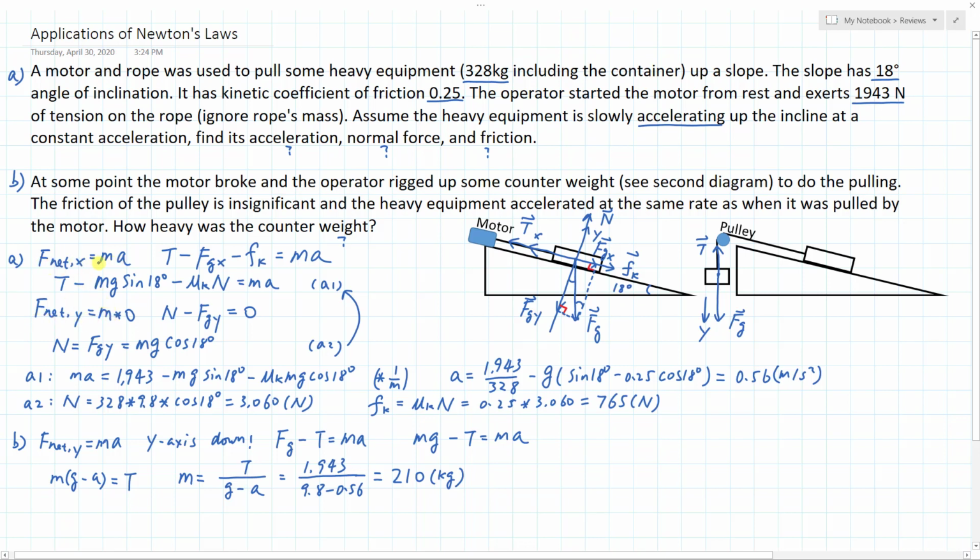So there are two axes for the heavy equipment. There's only one axis for the counterweight because the horizontal axis has no force at all, so there's no need to analyze an axis that has zero force. But zero net force, that still is useful because these force terms will appear in equations.